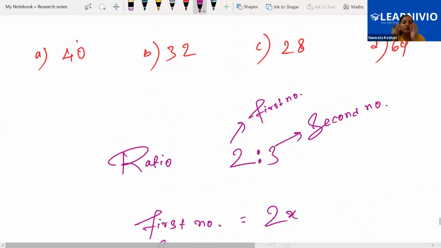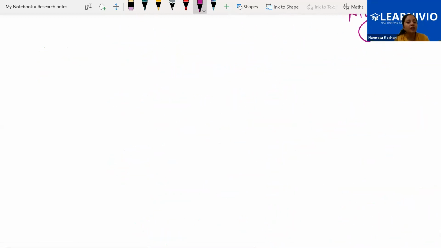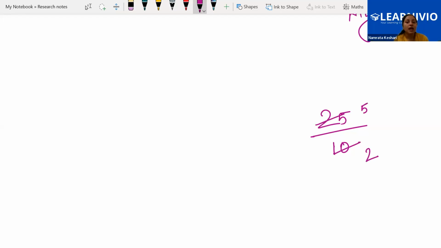Why are we multiplying the same variable with both terms? Whenever in mathematics we have a fraction, let's say 25/10, we have learned that we can reduce it to its lowest terms. So we cancel the common factor: 5 times 5 is 25, 5 times 2 is 10. Previously the numerator was 25 and the denominator was 10.